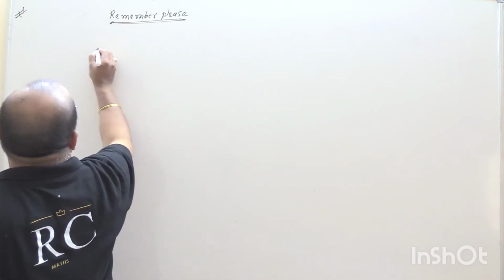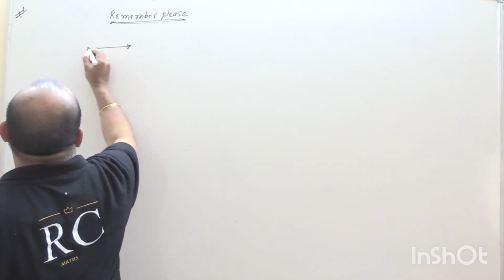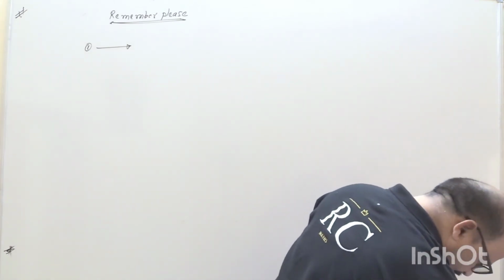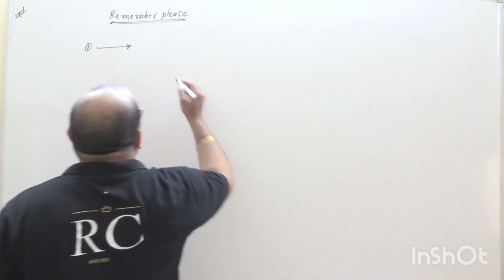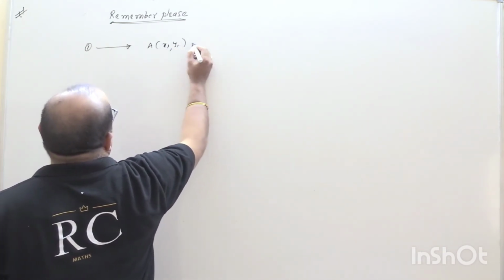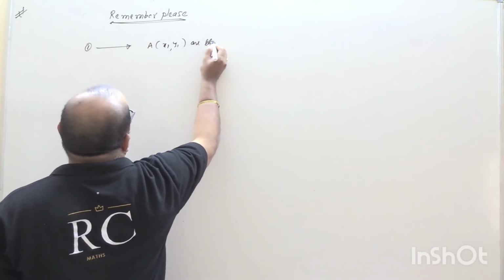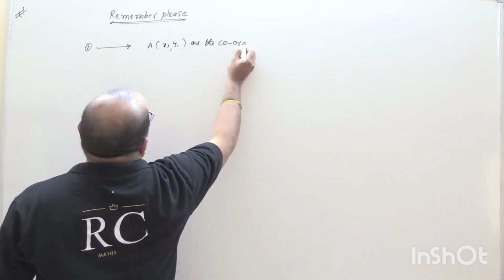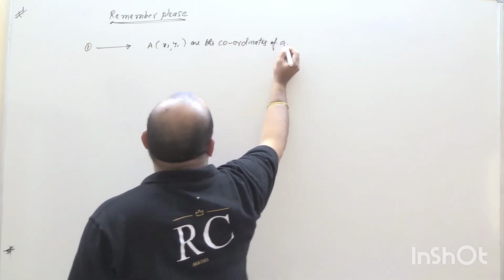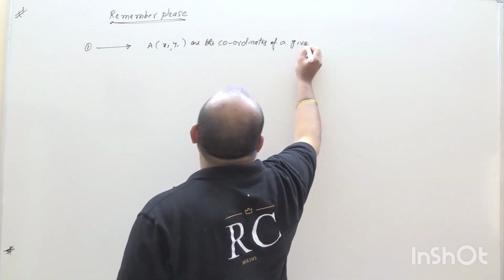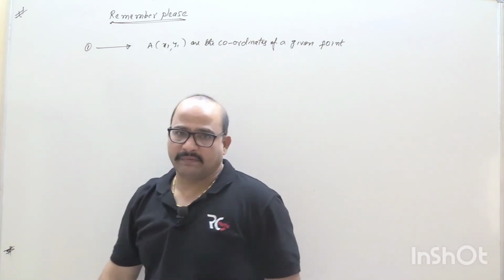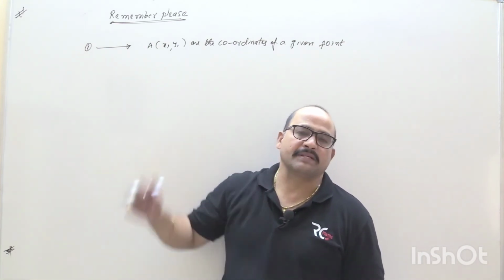Number 1 point: x1 comma y1 are the coordinates of a given point. The problem contains this information, a point.